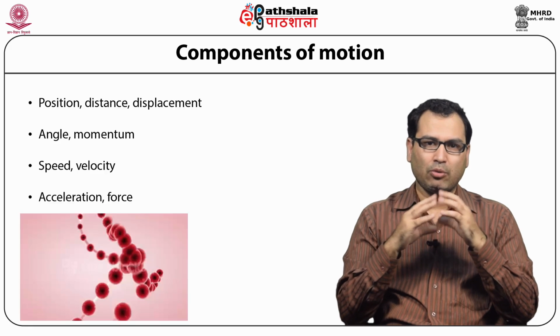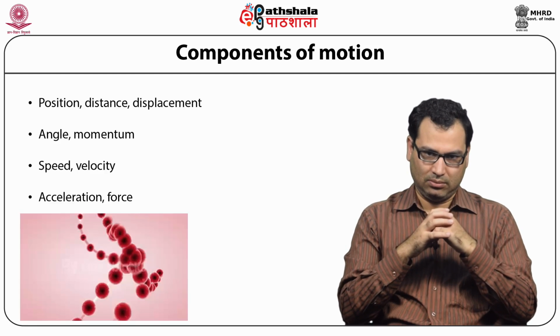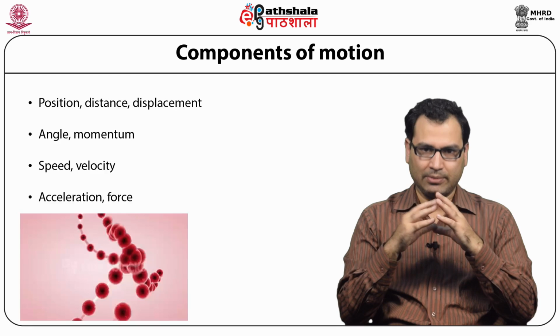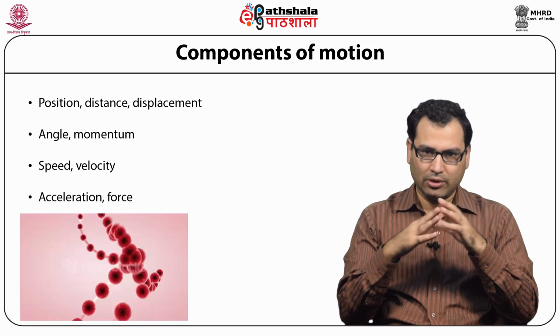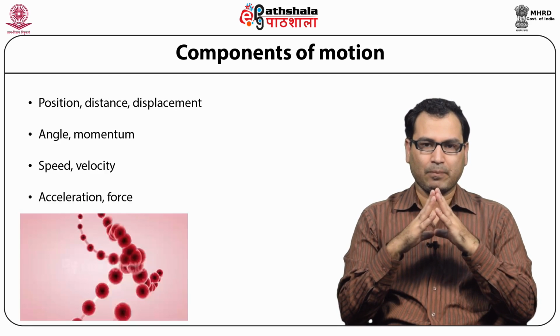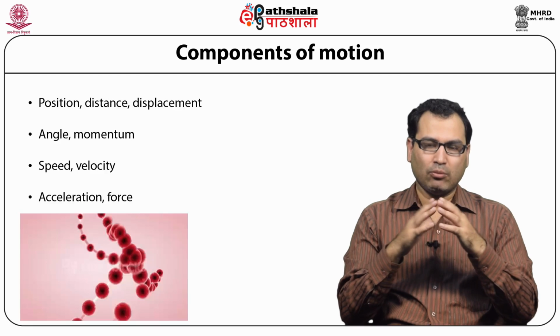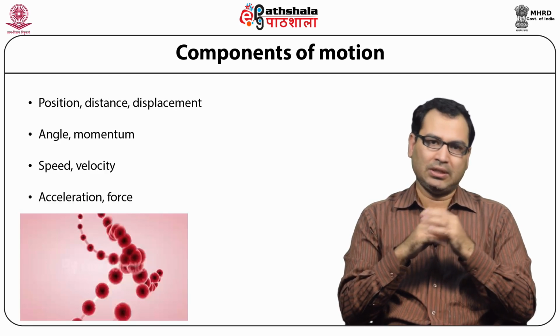With respect to a fixed point, it has certain displacement. Let's say you start with a very specific red blood cell, starting from the heart, and then after some time it goes to different parts and comes back to the heart, for example. So you would explain the motion of that particular red blood cell in terms of these components which I just described.